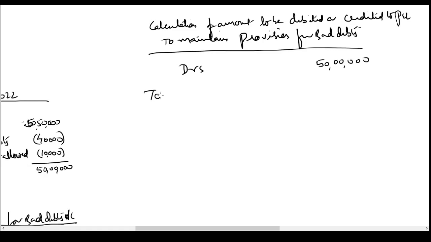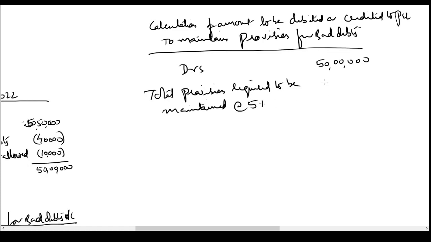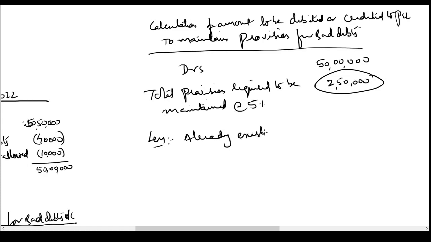Now what is the total provision required to be maintained? Total provision required to be maintained, it is given at the rate of 5%. That means 5% of 50 lakhs is 2,50,000. So this is the amount which I want to maintain as provision for bad debts, less already existing balance.